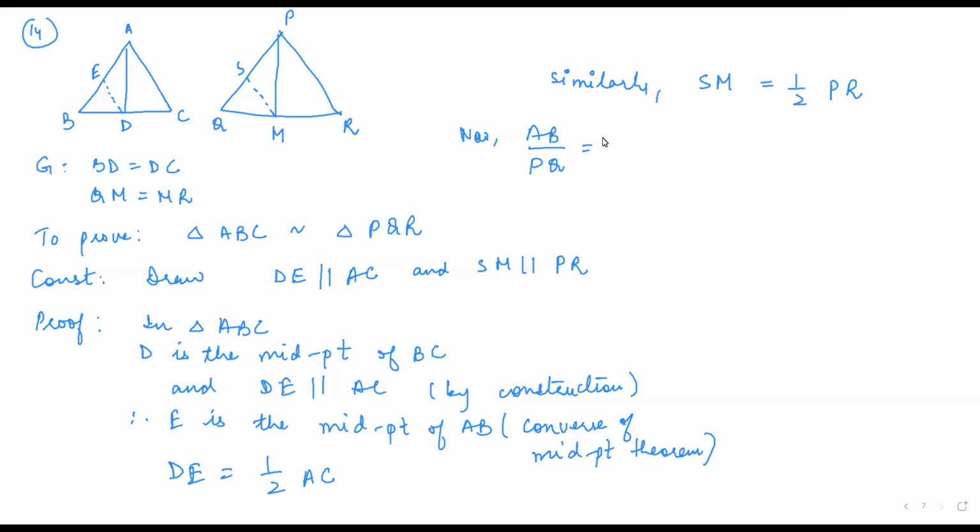Oh yeah, it's given, right? So it's given that AB by PQ is AC by PR, and the third side, the medians, are proportional, so that means AD is proportional to PM. So this thing is given, right? Now which triangle do I have to prove? ABC is similar to PQR. Okay.